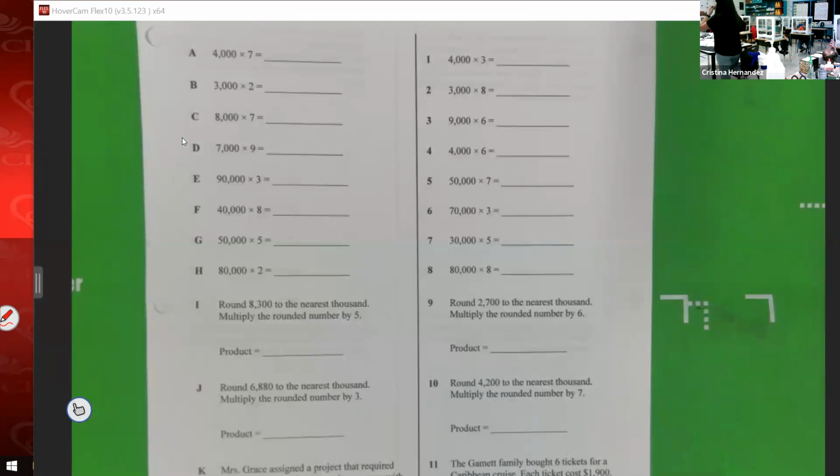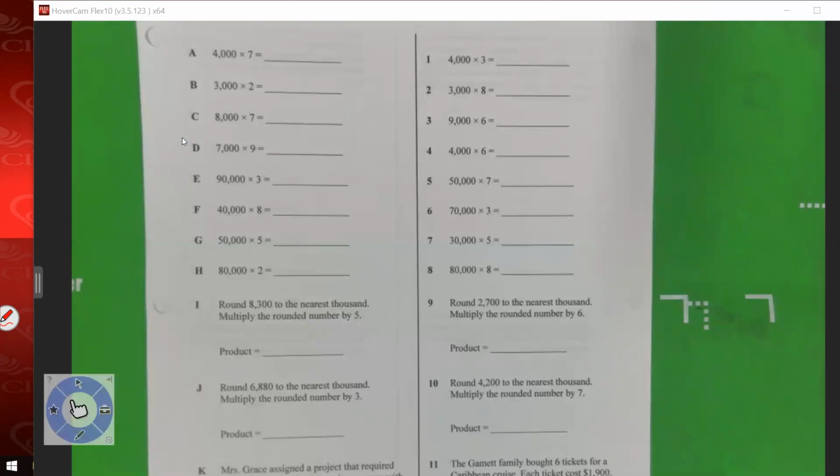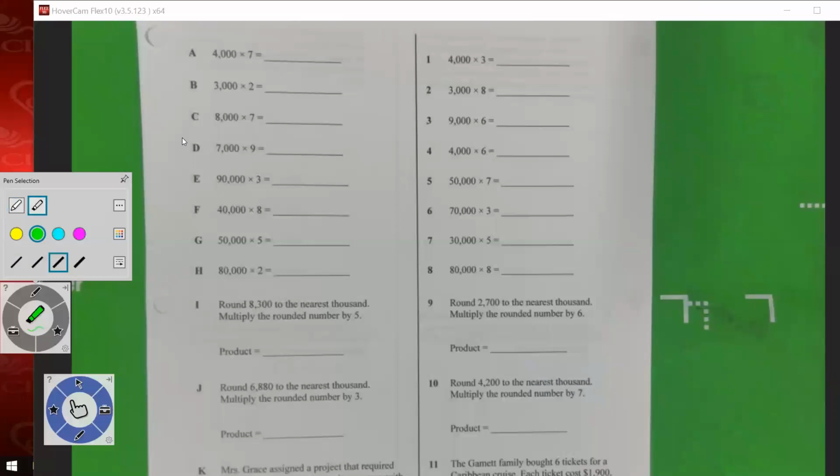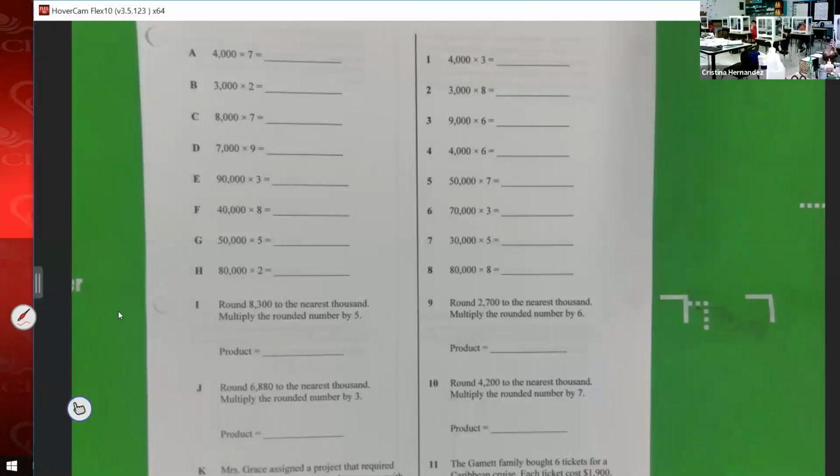Okay, we're going to do a few of these and then you're going to do them by yourself. How many trailing zeros on A are going to move? Page 65. Oh, trailing zeros.